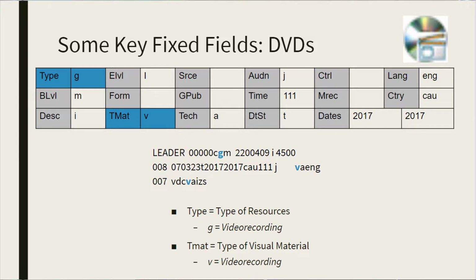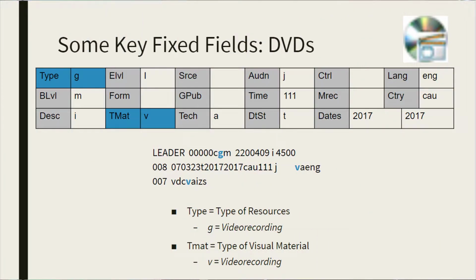DVDs, basically what the icon looks like, it's a disc with a little board thing where you say action and cut or whatever. I don't know what that thing's called. There are some things that tell you that this is a DVD. So number 1 in your fixed fields, the type is G. So you can see that in the grid.